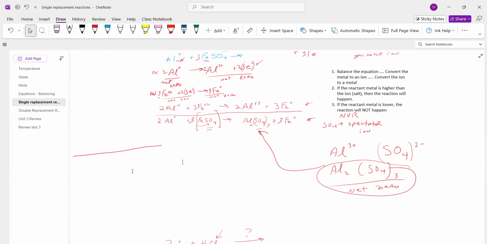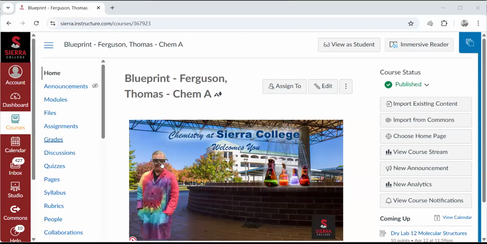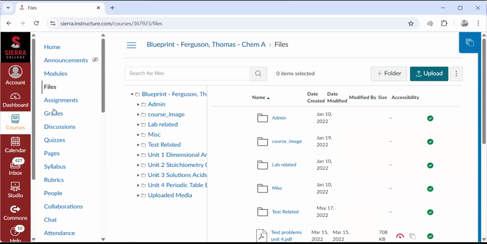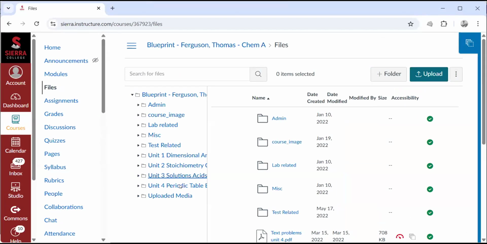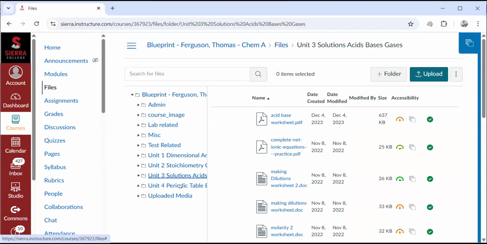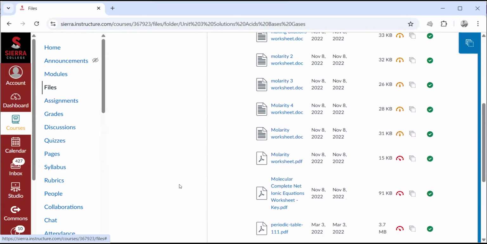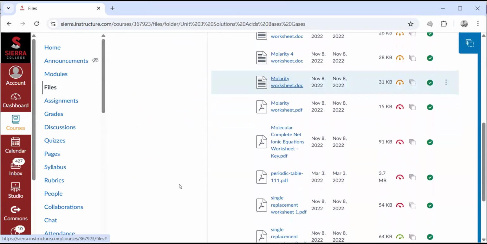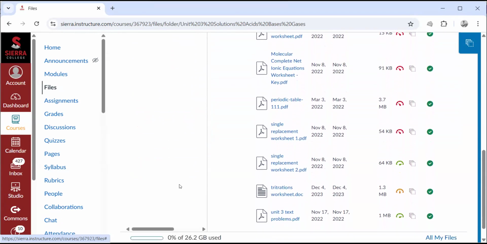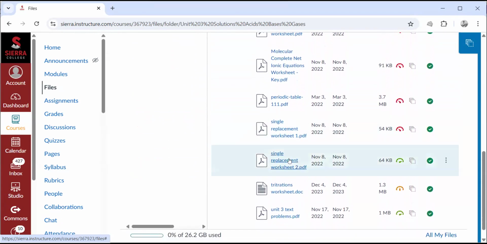Okay, so are there any questions about what we did? Lots of practice. Now, if we go over to Canvas files, there's a couple more worksheets on practicing.